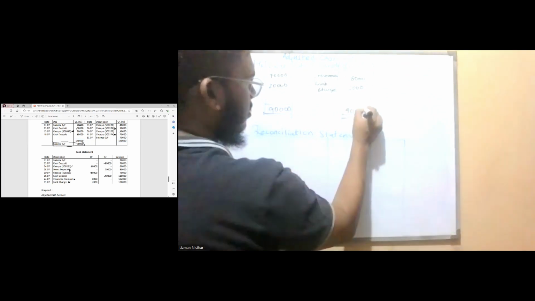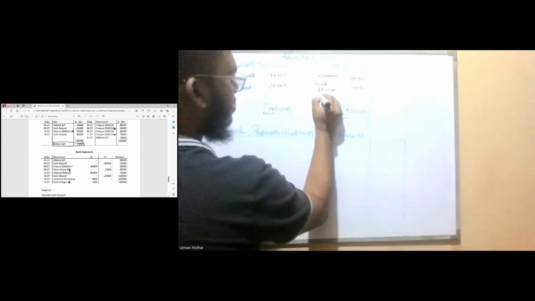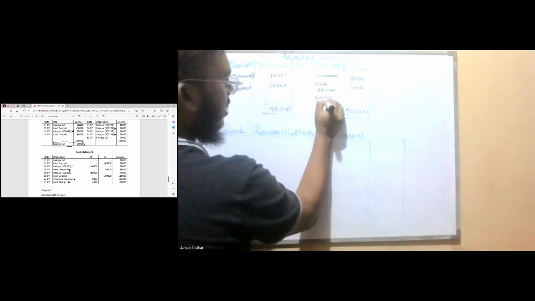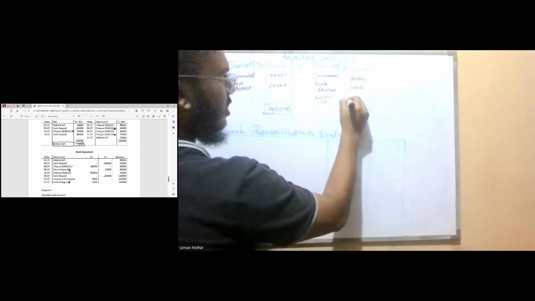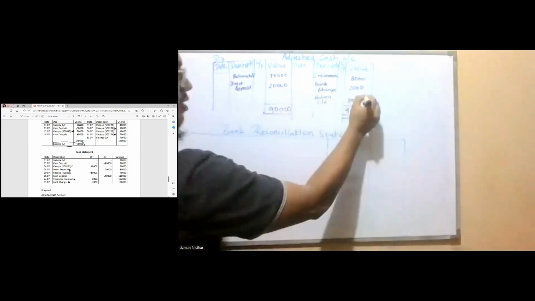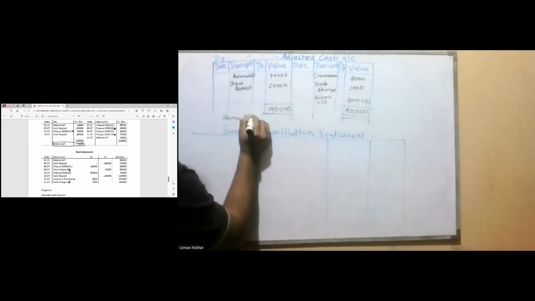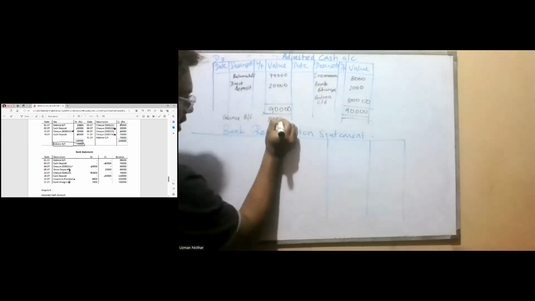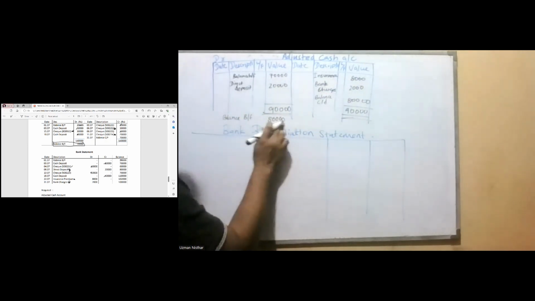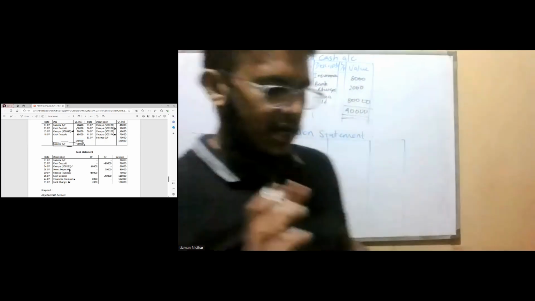So the balance carried down will be, it's 10,000 here, 80,000. And the balance brought forward will be 80,000. And the balance is a debit balance, so no need to include any brackets or anything.